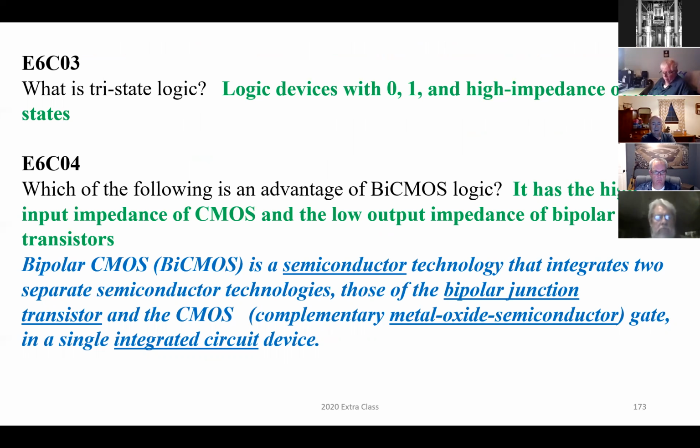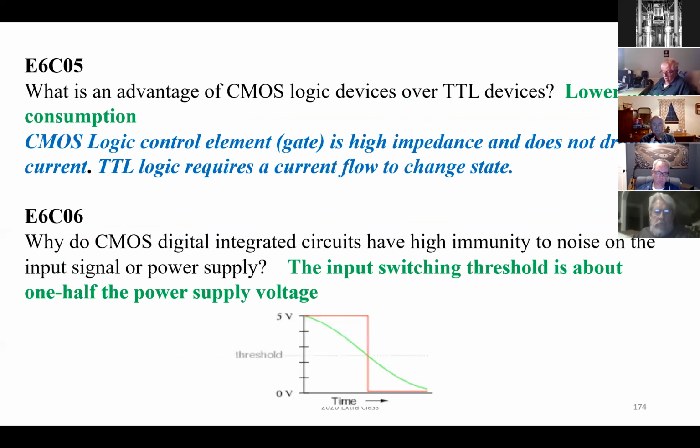Number 4, which of the following is an advantage of BiCMOS logic? It is C. It has the high input impedance of CMOS and low output impedance of bipolar transistors. Okay, number 5.